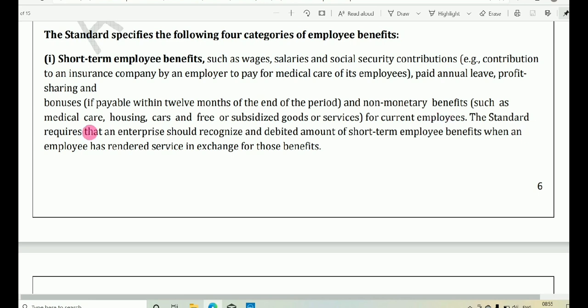The standard requires that an enterprise should recognize the undiscounted amount of short-term employee benefits when an employee has rendered service in exchange for those benefits.